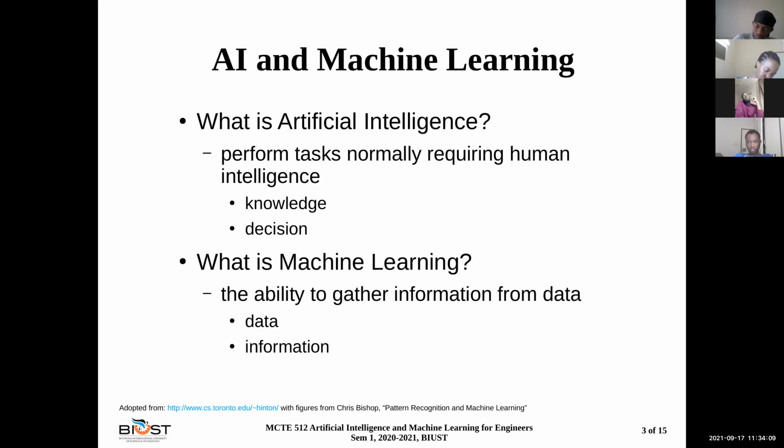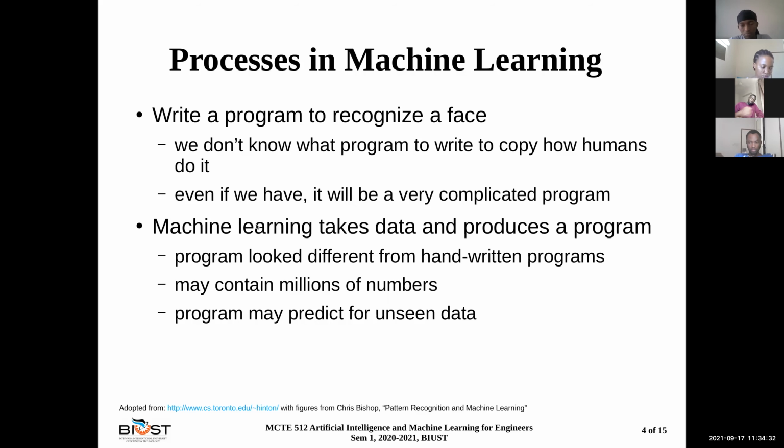But in this class, in both cases, artificial intelligence and machine learning gather information from data. That is what this class is all about. We take information from data, and so in this class, we use them interchangeably. I hope that makes sense to you.